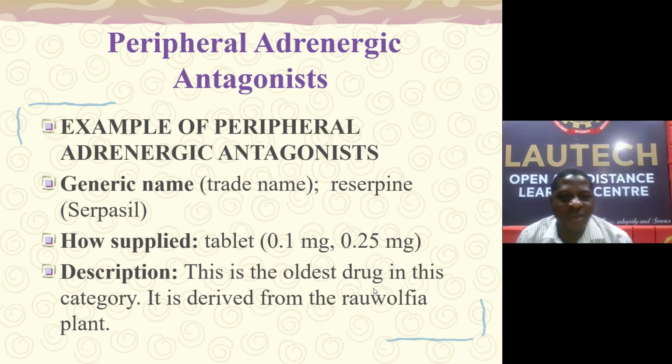An example of a peripheral adrenergic antagonist is reserpine, supplied in tablet form of 0.1 milligram and 0.25 milligram. This is the oldest drug in this category. It is derived from the Rauwolfia plant.